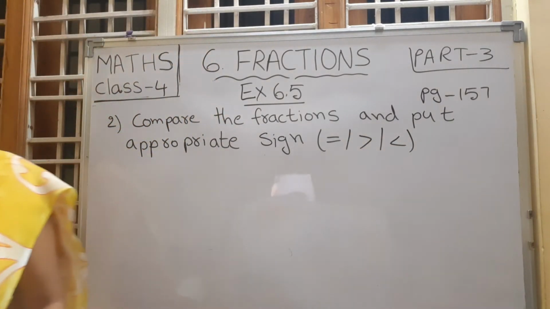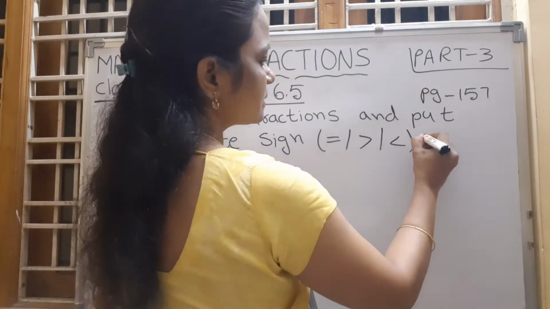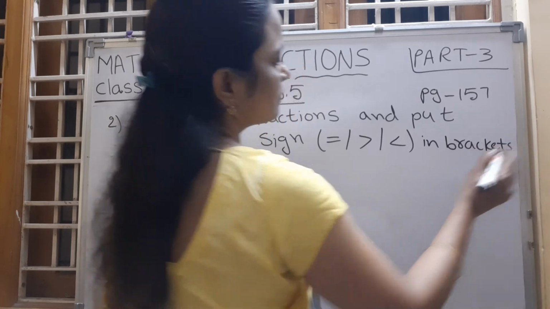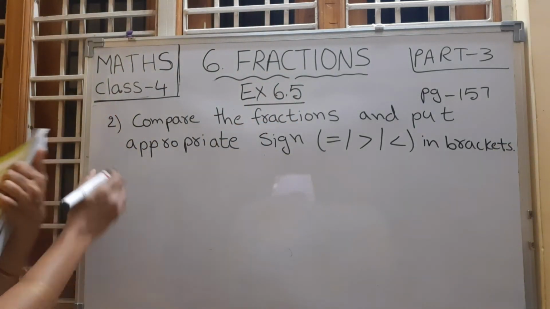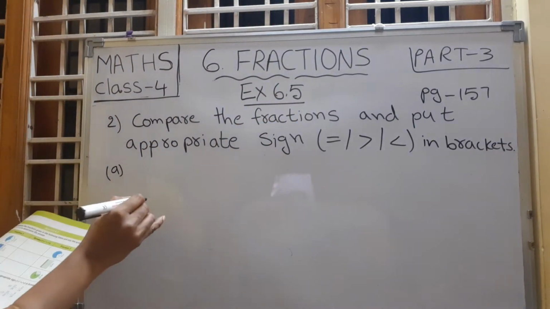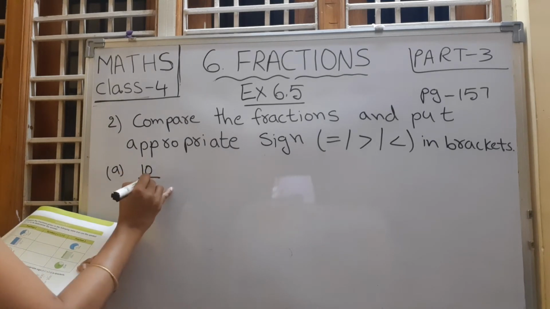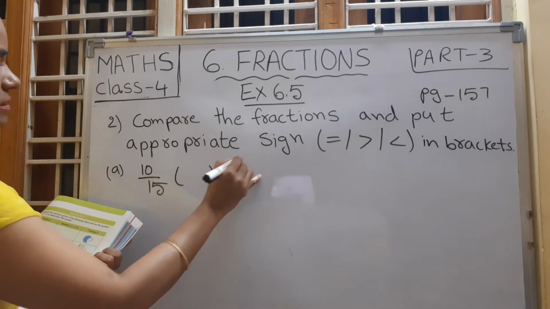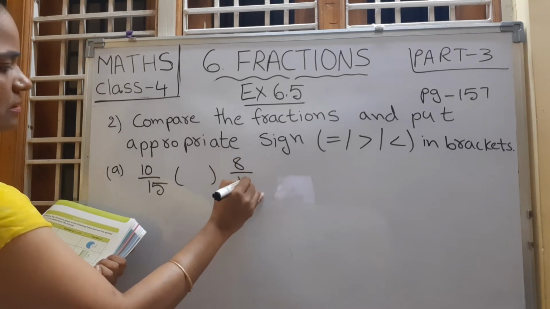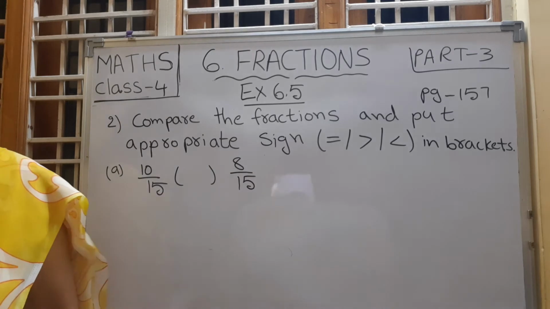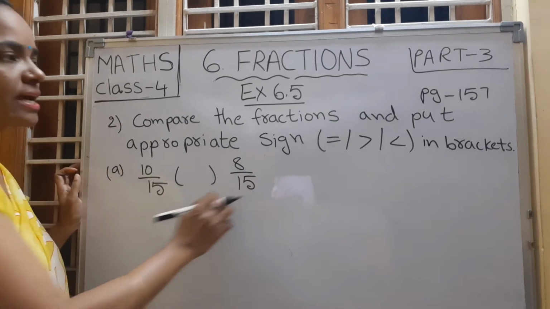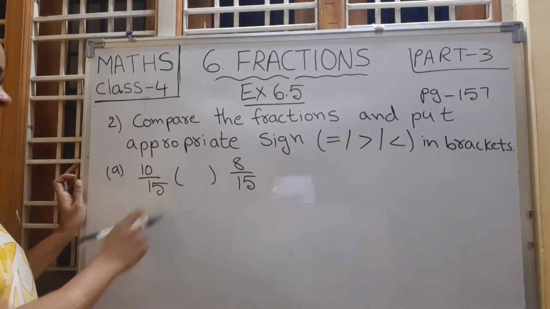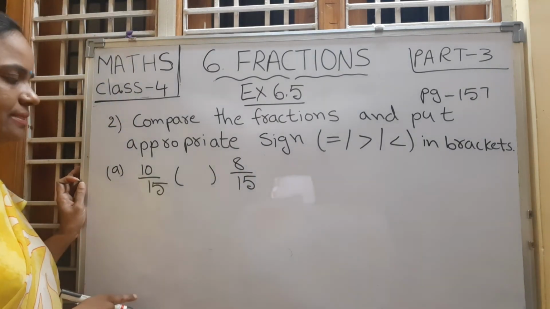Okay children, sign in brackets. (a) 10 by 15, 8 by 15. Now compare these two fractions by taking these signs.